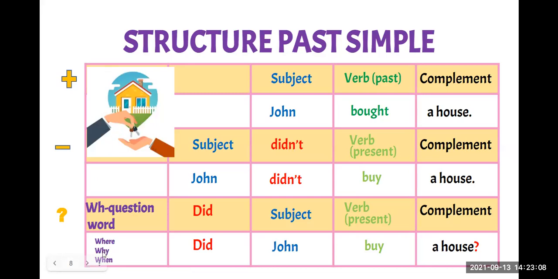Of course, you can choose any WH question word here, okay? These are just examples. So this is the structure that you use for the simple past or the past simple, okay? Do you have any questions about this part? Any doubts?